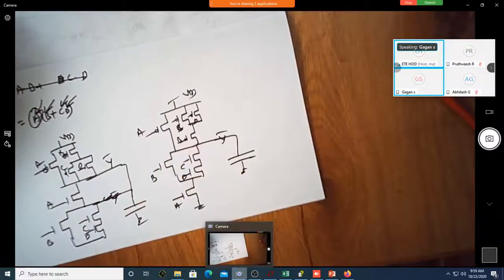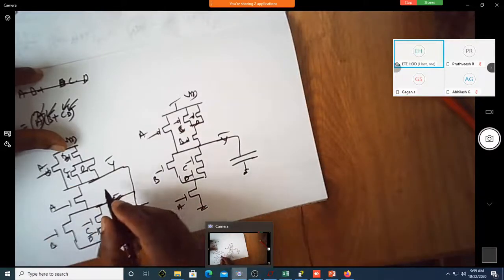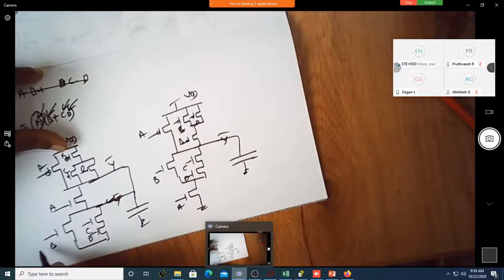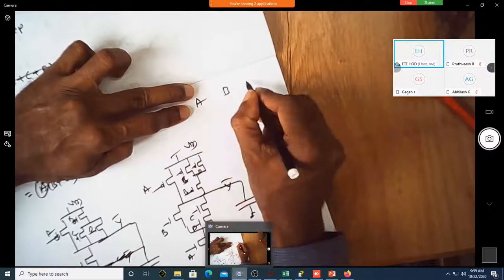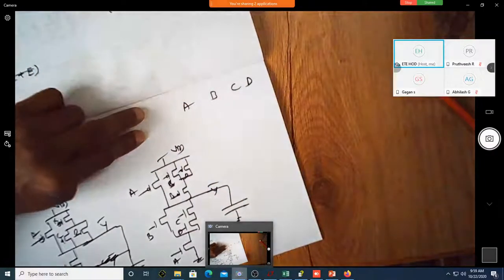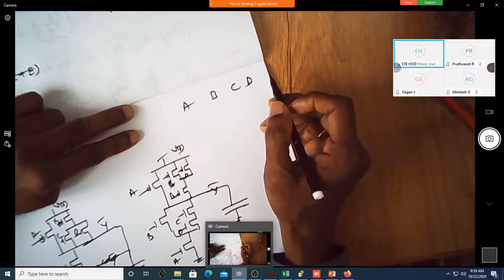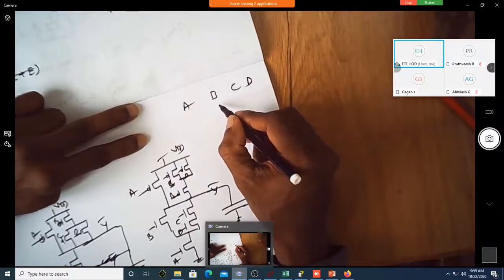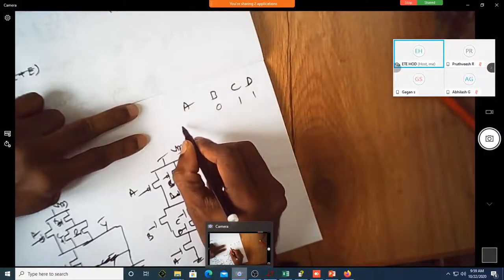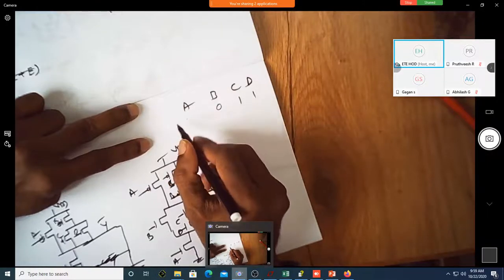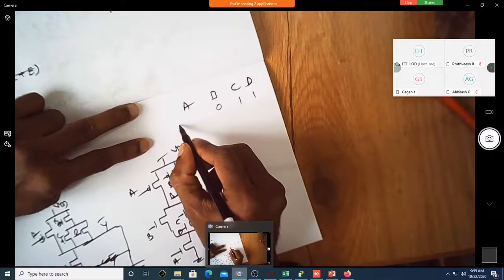What I mean to say is, assume that now this is, okay, let me take the condition for A, B, C, D. What shall I take output as? This is 0, 1, 1, and just a minute.